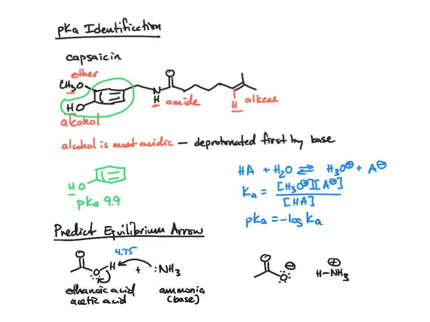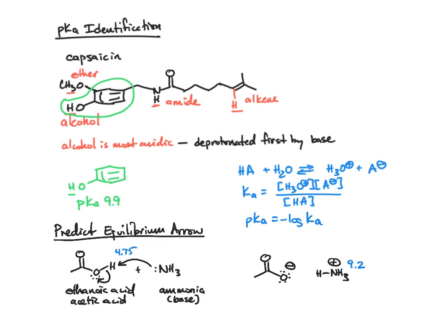So 9.2, that's the pKa that we're looking for. Because you want a pKa on both sides of the equation here. So we said this was 9.2. So tell me how I should draw the arrow in between these two.